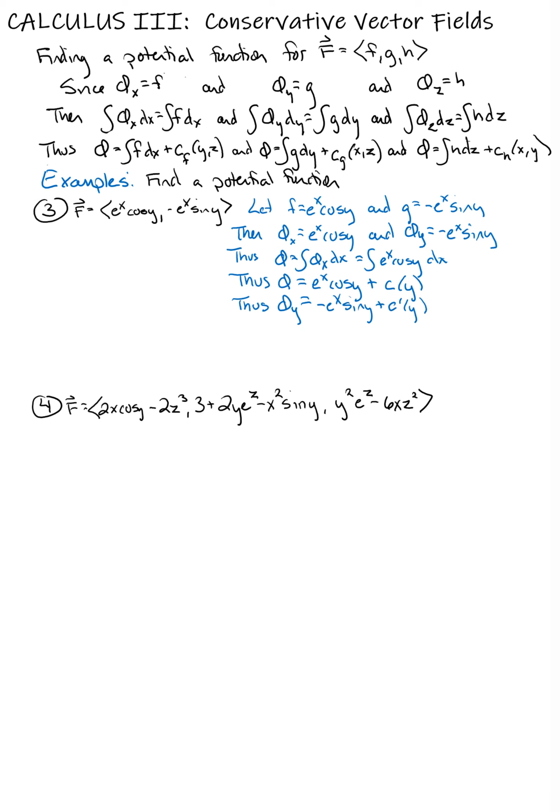But remember, I know that this has to be equal to negative e to the x sine y. Well, looking at these two, setting these two guys equal to one another, I see that c prime must be equal to 0.